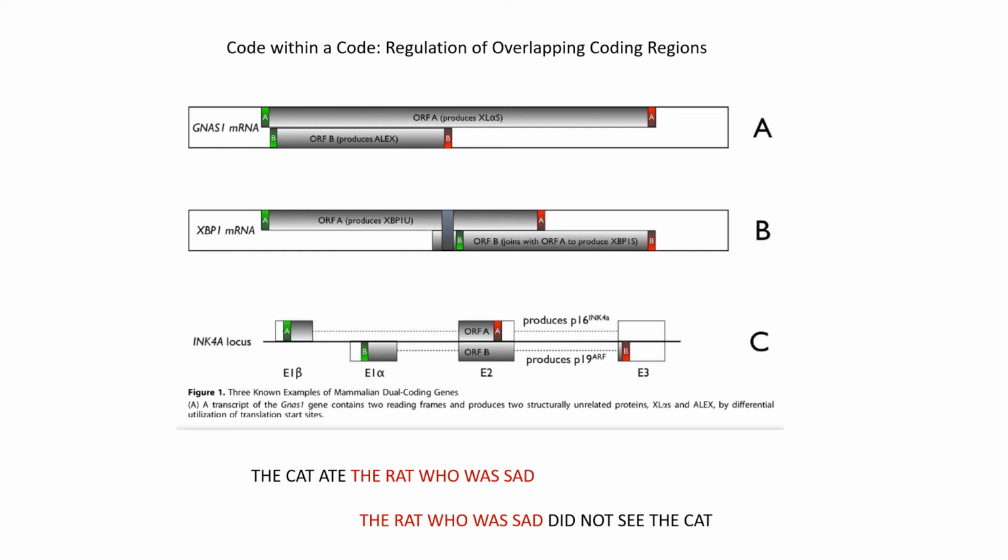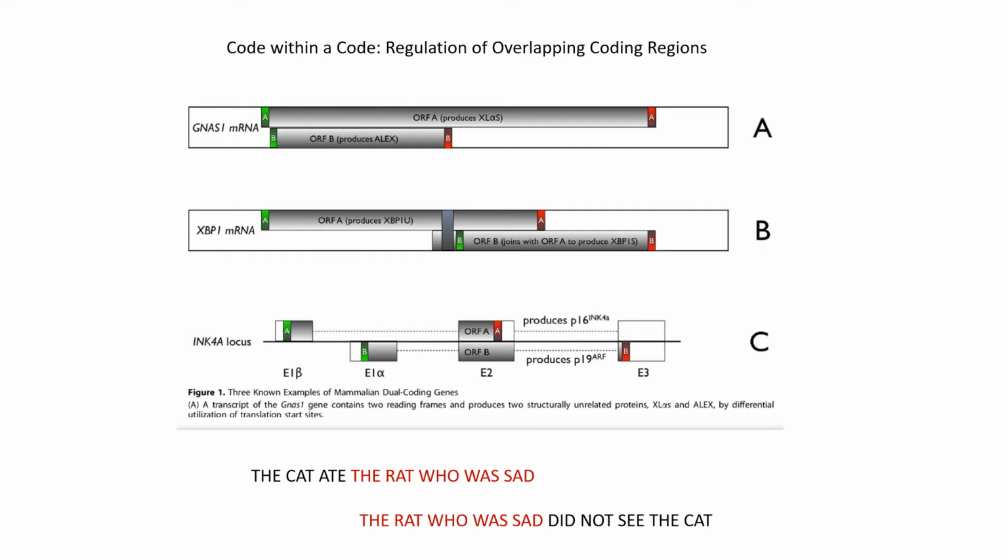And what that means is, let's say I need to code for protein A and protein B, and there's a string of bases that codes for protein A. Then I could start maybe in the middle of that string, take the second half and add on to it some more bases and make a new string that codes for protein B. So part of the bases that code for protein A also code for protein B.